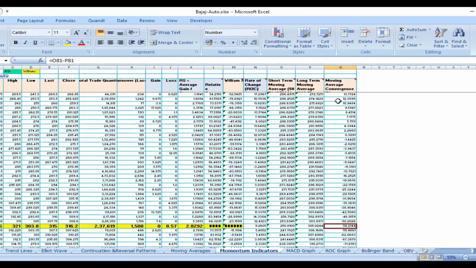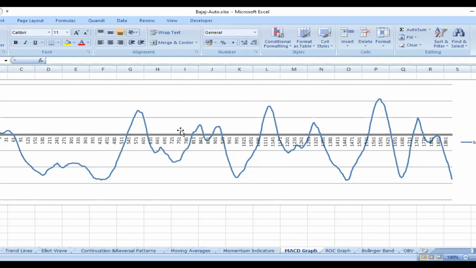And if you look at some of these numbers, it will go to the bottom as well, which is minus 62, which means the 12-day moving average is lower than the 26-day moving average. It is on a downward trend. If you draw it, it comes out something like this. And these points can be used as an indicator for generating the buy and sell signal. So this is what we covered.